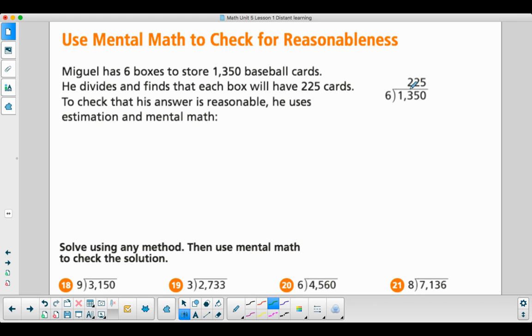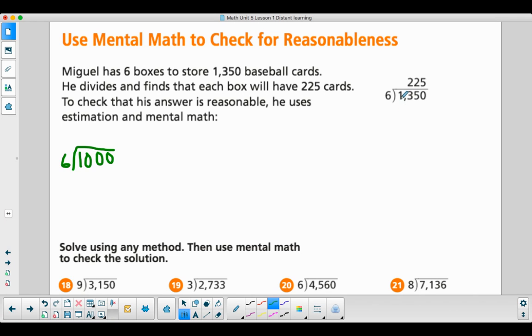Well, when we've done most estimation and mental math, we would round. Well, if I round 1,350 to 1,000 and divide by 6, that's not super easy. And it really doesn't even take me close because I'm not in the thousands anyway.